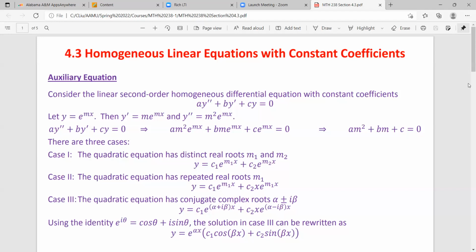And the strategy or method here is we try to write the solution y in the exponential form. So we let y = e^(mx). You can always do that. There's nothing wrong with it.